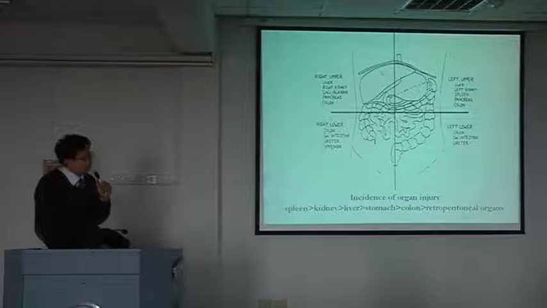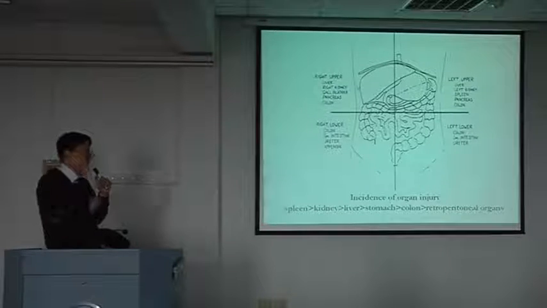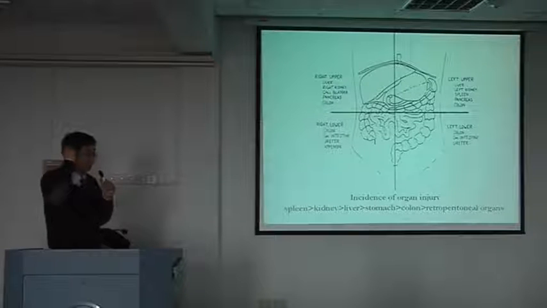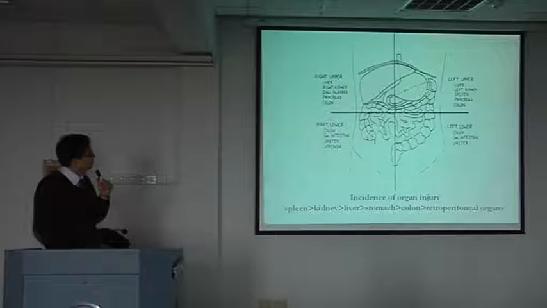So if the patient feels pain at this area, you should recall in your memory how many organs are in this area, and so you will check. You see the patient and you're thinking. This is the area for liver, right kidney, gallbladder, pancreas, and colon.